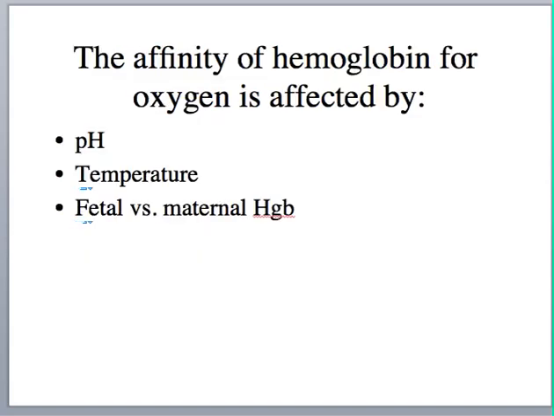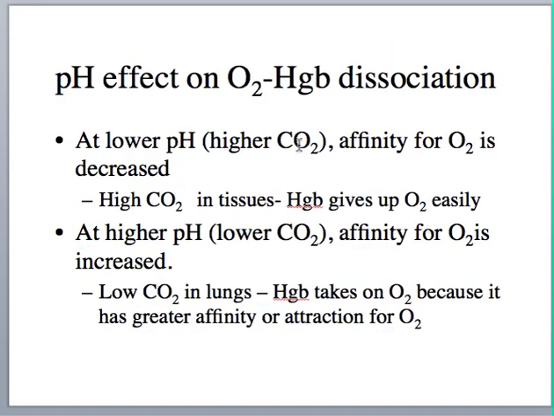Well, let's investigate this. We must know that the affinity of hemoglobin for oxygen, how attractive it is, how much hemoglobin would like to grab oxygen, is affected by pH, temperature, and whether we're talking about fetal versus maternal hemoglobin. Well, let's first talk about the pH effect.